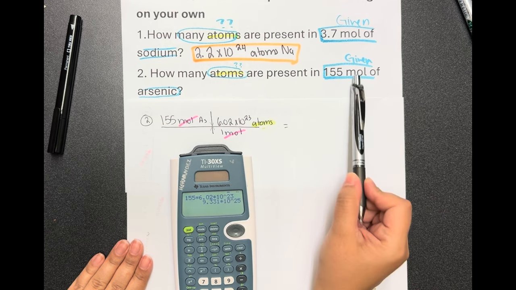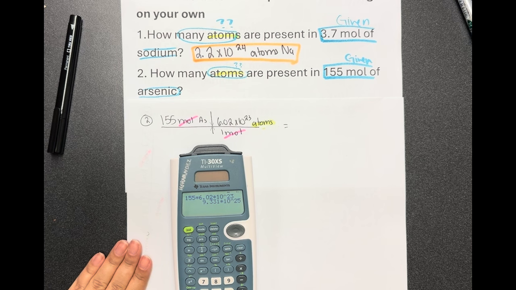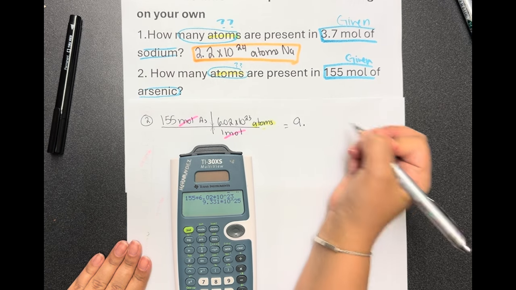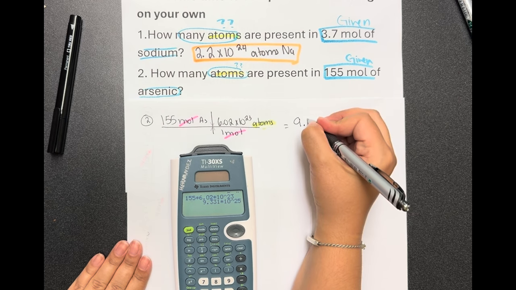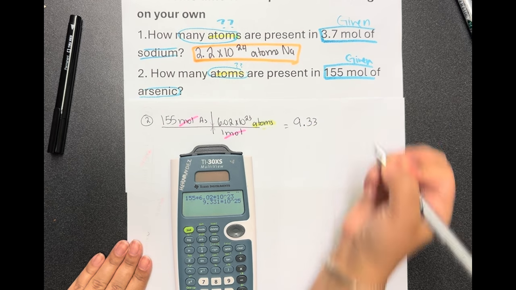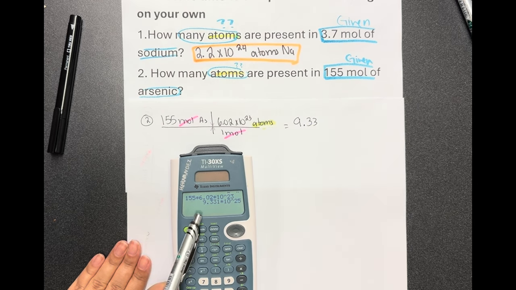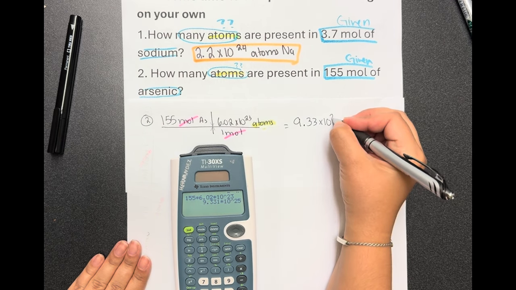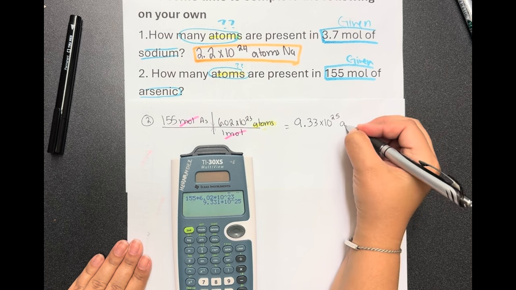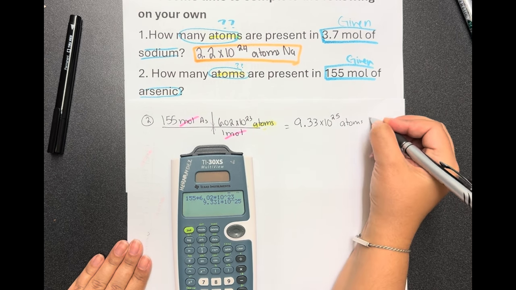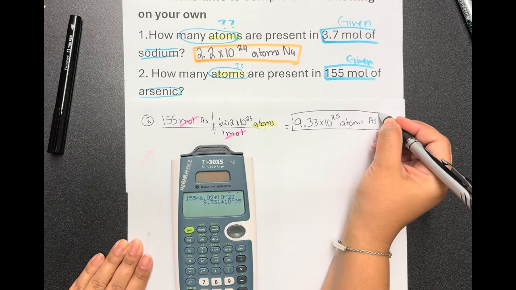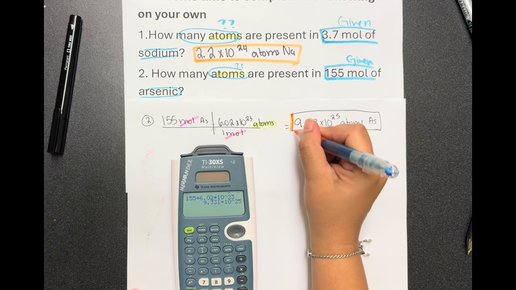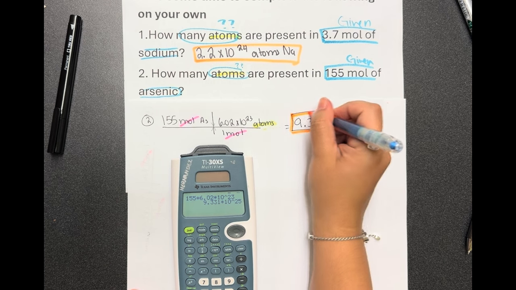Again, my question gave me the number in 3 significant figures, so I'm gonna round my answer to have 3 significant figures. So 1 significant, 2 significant, 3 significant. I'm gonna round it to 9.33 times 10 to the 25 atoms of arsenic, which is As. Final answer. Again, my answers should have 3 parts: a number, a unit, and the element.